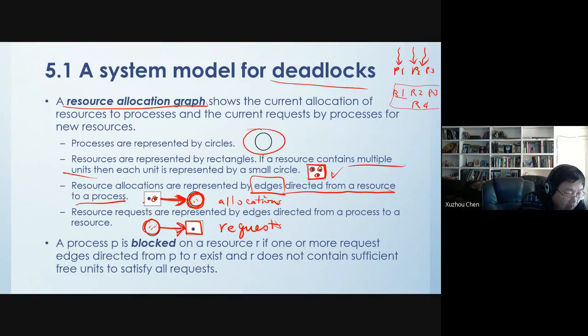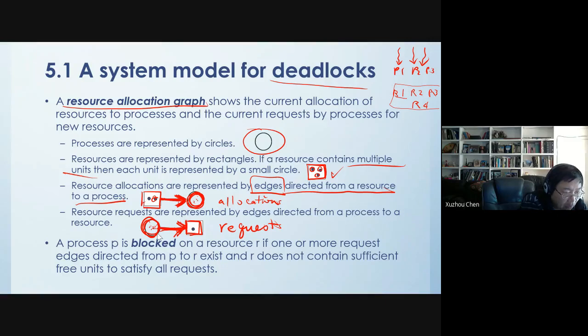That means this is the allocation, so this process is currently holding this resource. Now the other one, the arrow is pointing in the same direction, but the process is on the left side and the resource is on the right side. That means this process is requesting this resource. So this is requesting, and this is allocation.